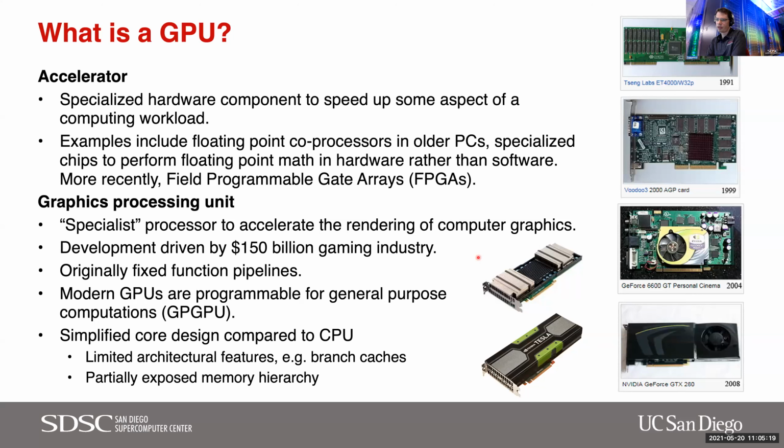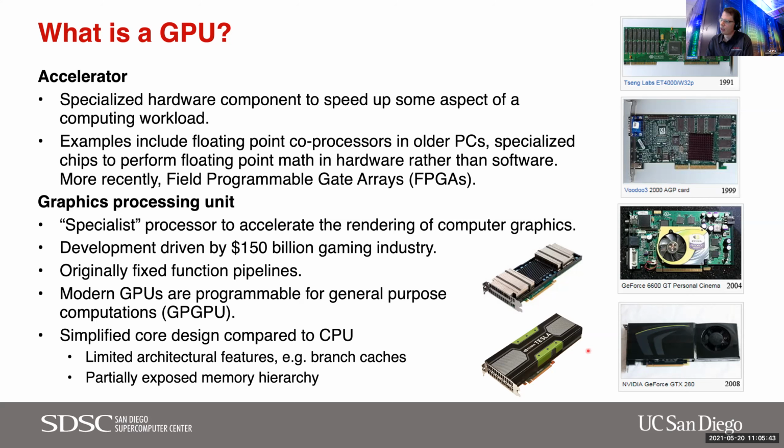And originally, they had fixed function pipelines. So some people who are older like myself will remember early GPUs that you actually couldn't program. And then at some point, the first really programmable GPU was a GeForce GTX card. I don't remember if it was a 280, it might have been another one, but around that time, by Nvidia.